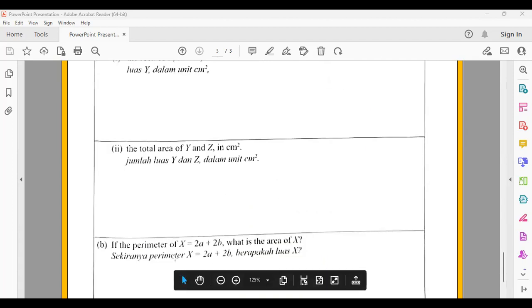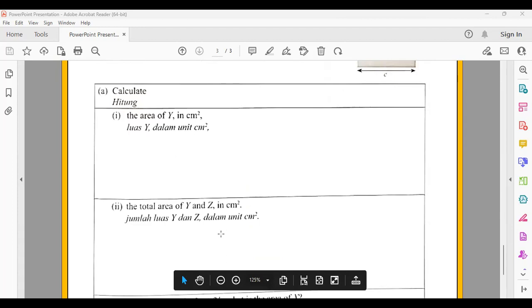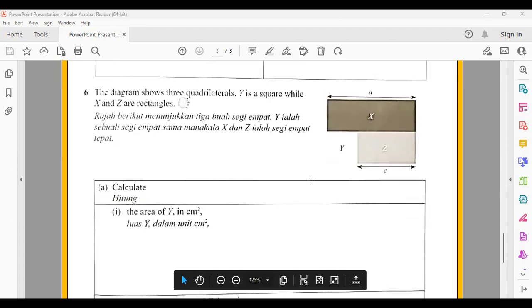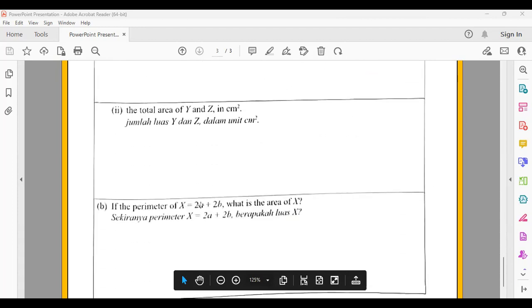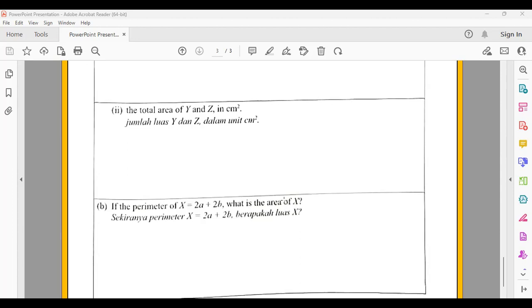Now, if the perimeter of X, so they're telling us the perimeter of X is 2A plus 2B, what is the area of X? Do you know the relationship between perimeter and area? Perimeter means you go around.